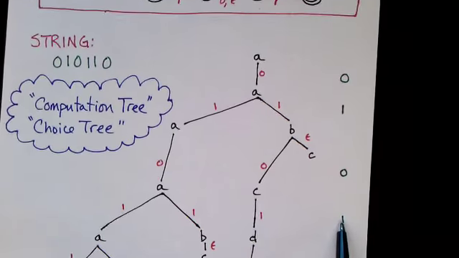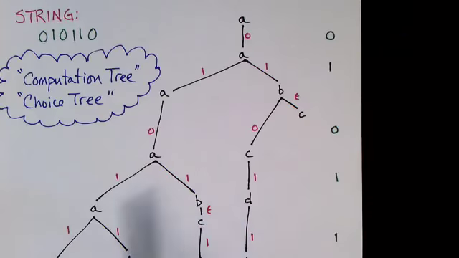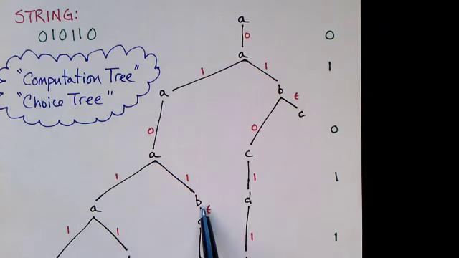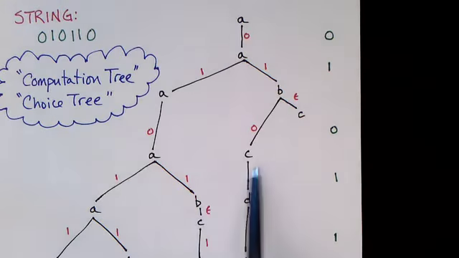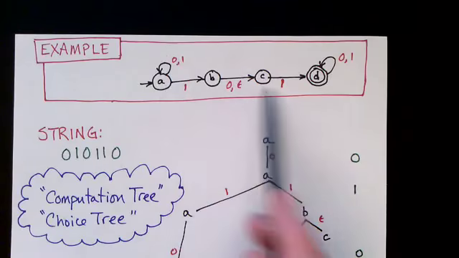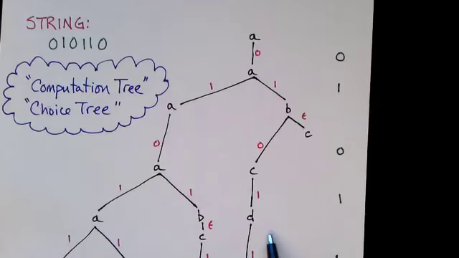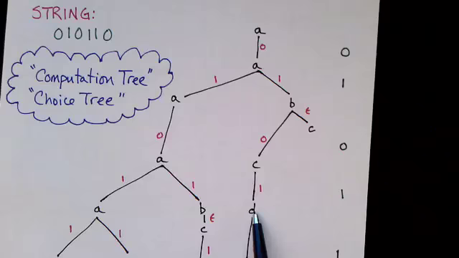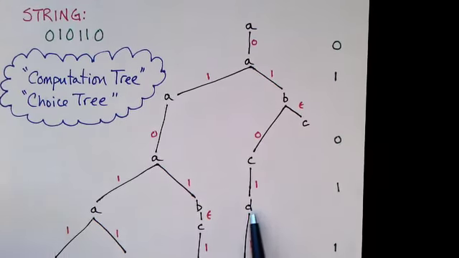We see a 1. In state A, we can remain in state A, or we can move to state B. And in state C, we go to D. D is a final state, but we still have more of the string to go, so we don't accept at this point.